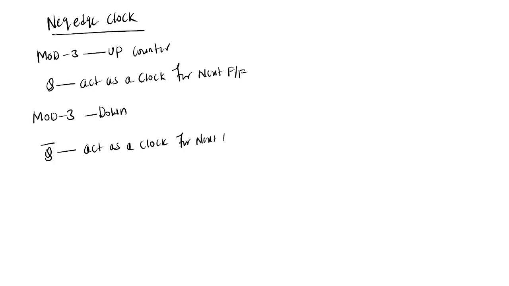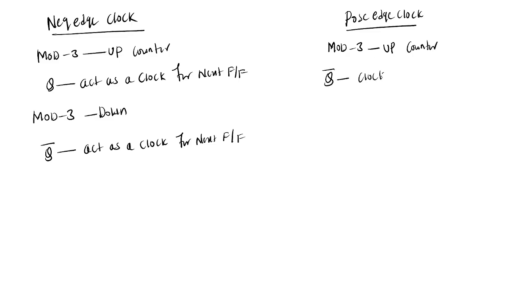Suppose it is positive edge of clock, then if you want to design a mod 3 up counter, you need to use Q bar as a clock for the next flip flop.